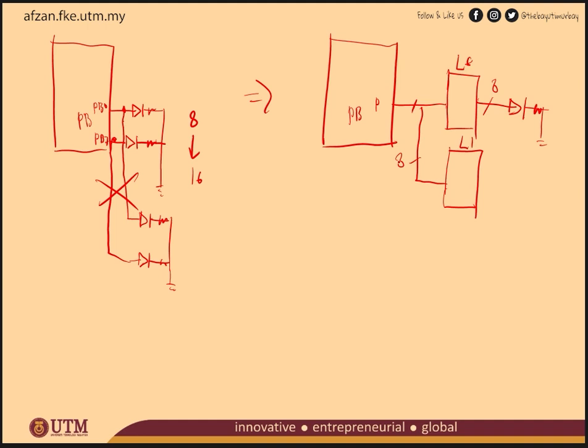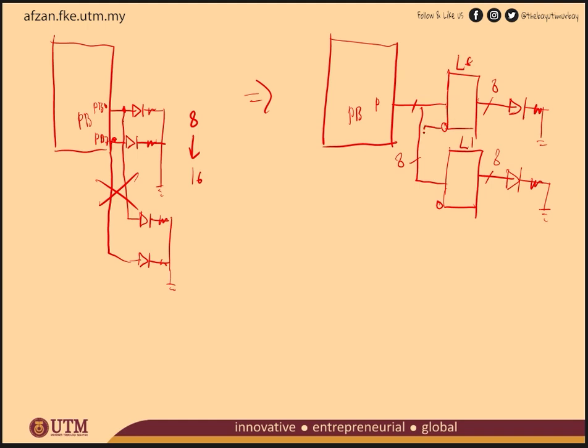This is also another 8 bits. So now you have a total of 16 LEDs going to your port B. Bear in mind that you have a control input for your latch.